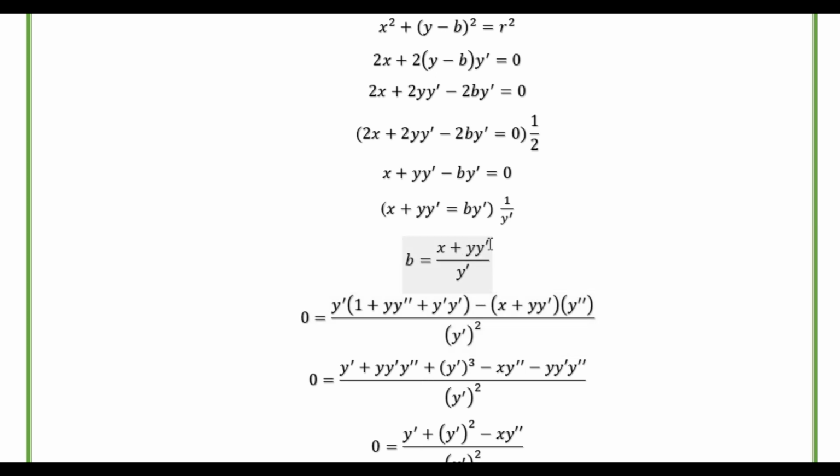So i-apply natin dito is product rule. Okay? So di ba sa product rule, kopyahin yung first tapos derivative of y prime, of course y double prime. Ito naman yung kopyahin natin, y prime, and then derivative of y is y prime. Minus, no? So kopyahin natin yung numerator, no? So high tapos derivative of low, which is the y prime, and it is equals to y double prime.